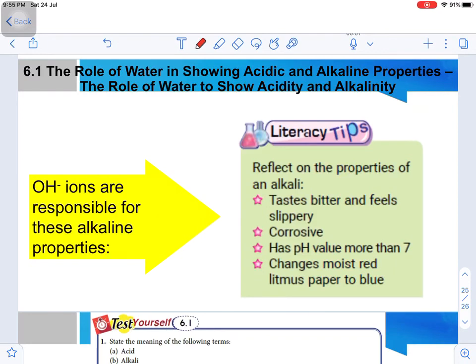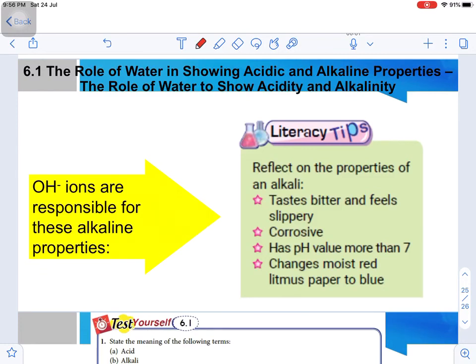From this lesson, you must know how to define acid, alkali, and basicity, which includes monoprotic acid, diprotic acid, and triprotic acid.